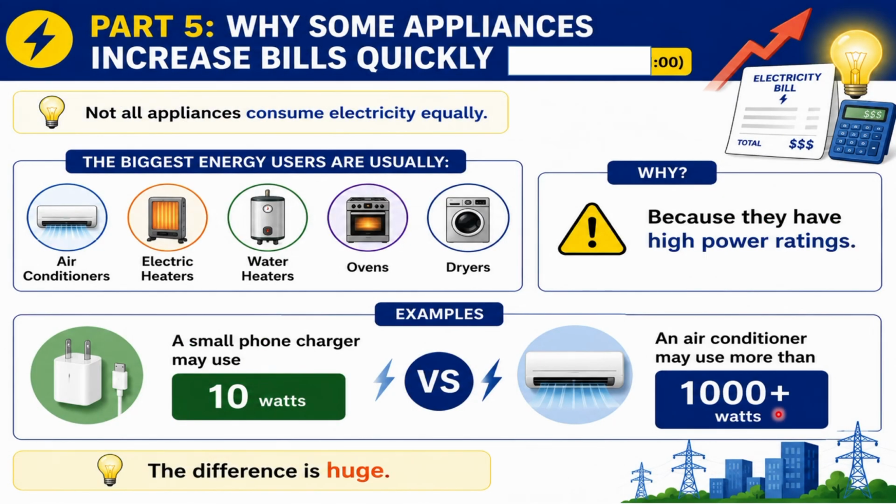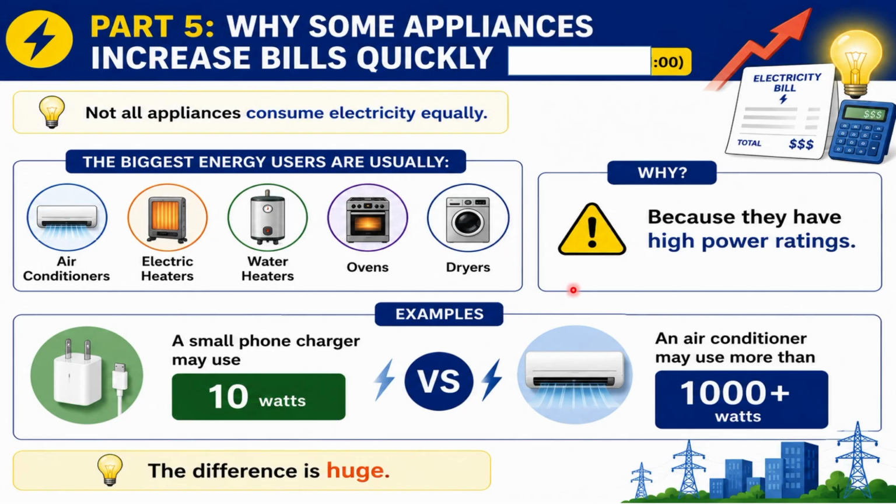And why do some appliances increase our bill so quickly? Not all appliances consume electricity equally, like we've noticed from doing exercises before. Appliances like air conditioners, electric heaters, ovens, and dryers consume more than things like lamps and your chargers.